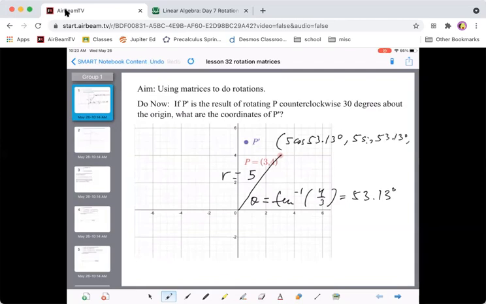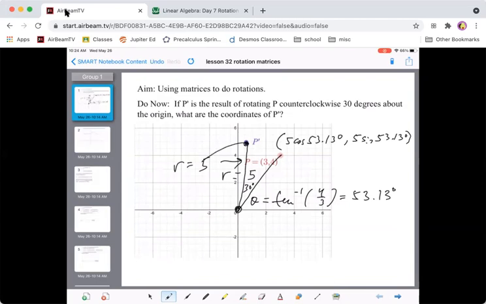Now, as far as this P prime goes, the one thing we know about it is that it's rotated around the origin by 30 degrees, which means that it has an r and theta value. And its r value is going to be 5, just like the other one was, because it's been rotated around the origin.